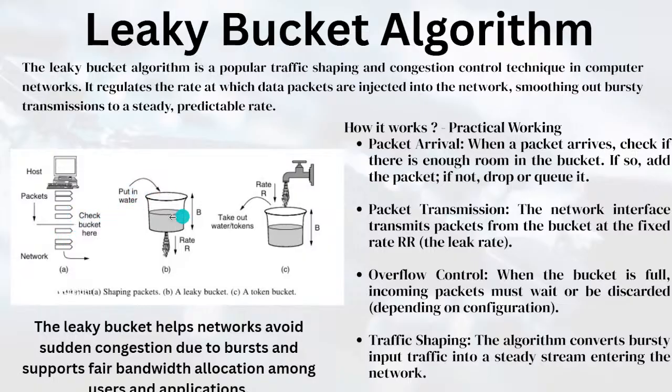What happens if the same occurs here? If it is a leaking option, it will leak. Or if the bucket is free, the packets can reach the destination, or the packet stays in the bucket.